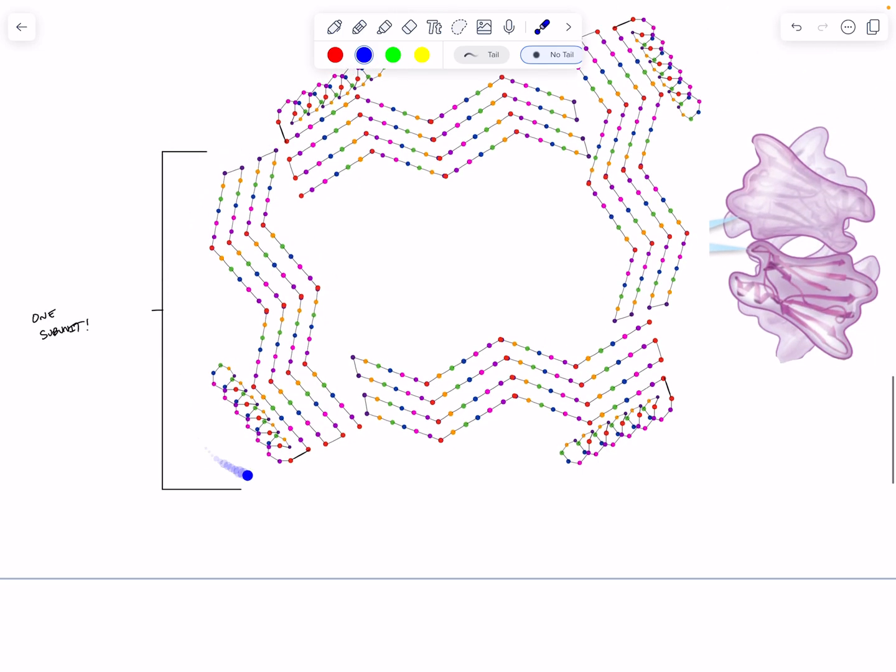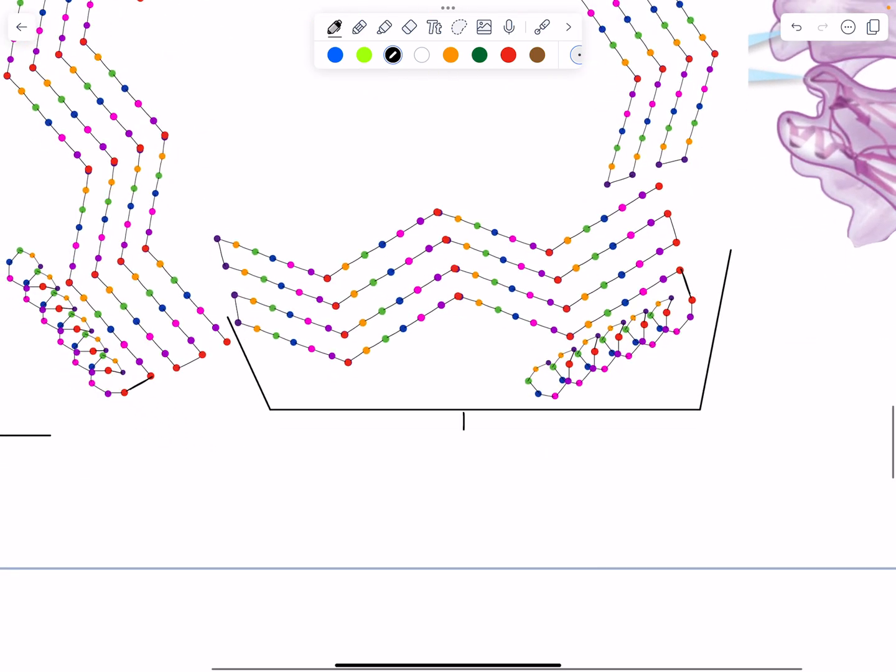So on its own, it would be a tertiary structure protein or enzyme because it has two or more secondary structures. It's got a beta-pleated sheet and alpha helix. However, because we have multiple subunits, so here's another independent subunit right here, it becomes a quaternary structure protein.